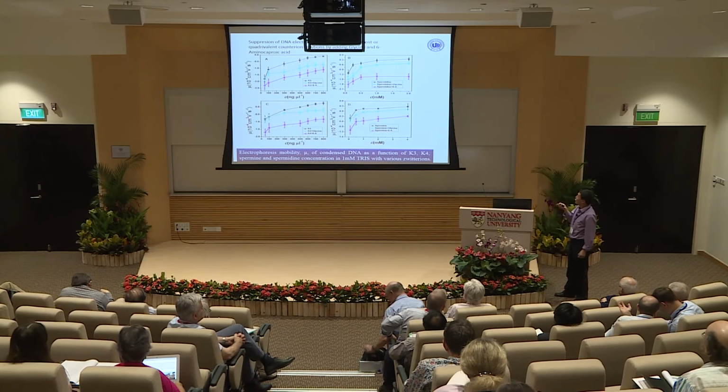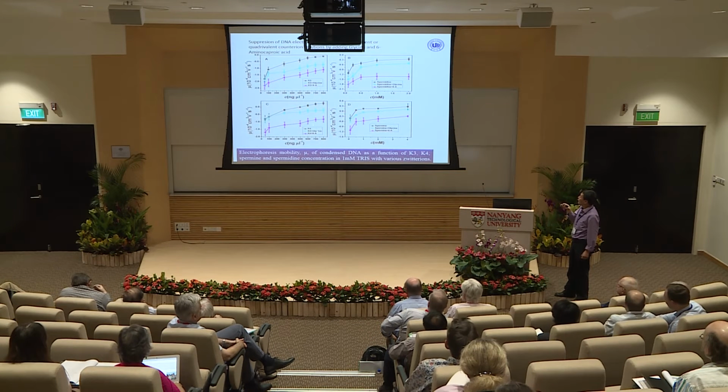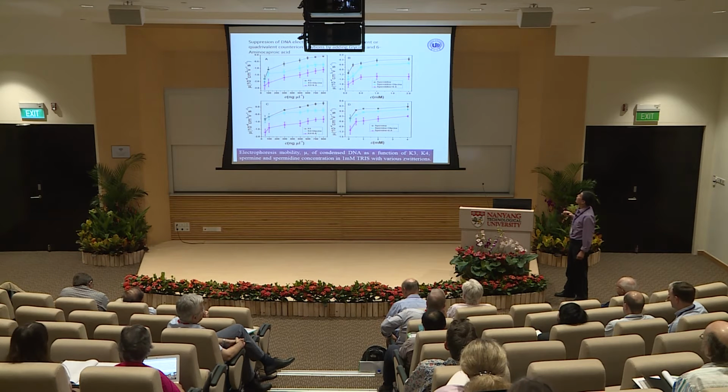For example, here we still use K4, but we add glycine and 6A. This is another tweezer ion, but stronger.